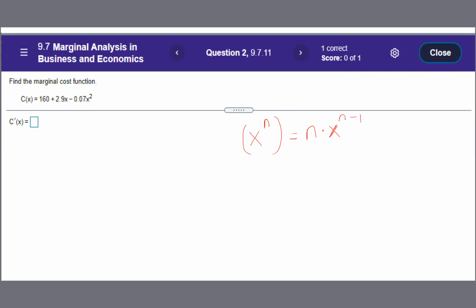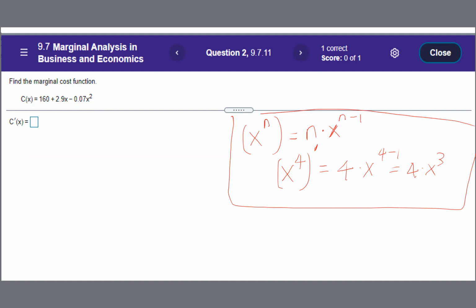So if I want to find the derivative of x to the fourth, it's going to be 4 times x to the 4 minus 1, which is 4 times x to the third. Now that we know the power rule, and also we know that when we sum up terms, the derivative of the sum is the sum of derivatives, let's find c prime of x.